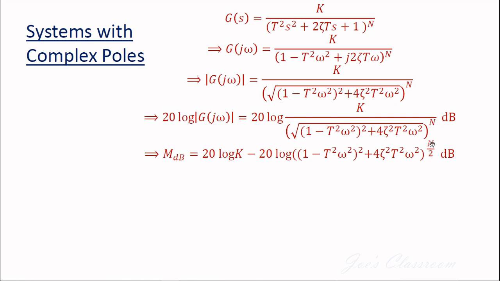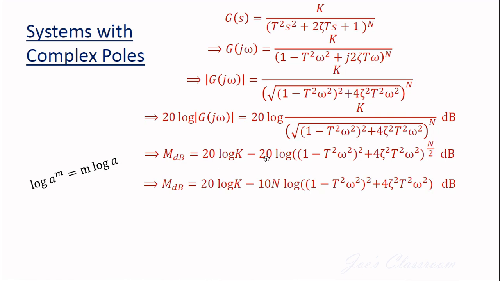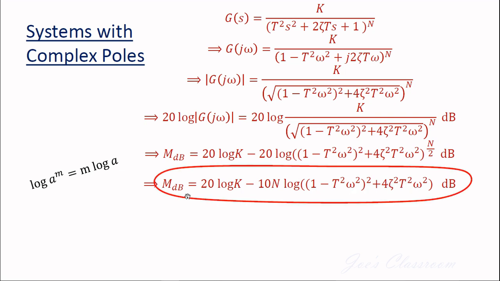And of course this n by 2 can be brought to here, and in that case it is going to be minus 10n. So this is the expression which exactly represents how the magnitude varies with respect to omega. Of course, it is a nonlinear function of omega. So this is the final expression.